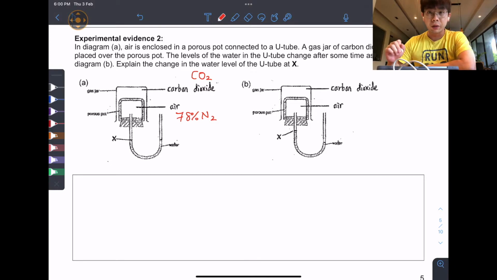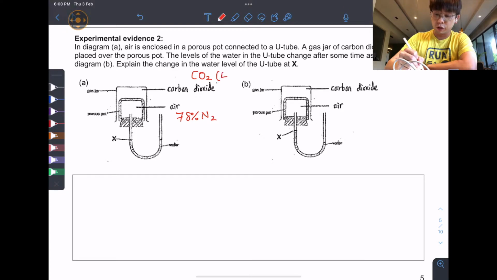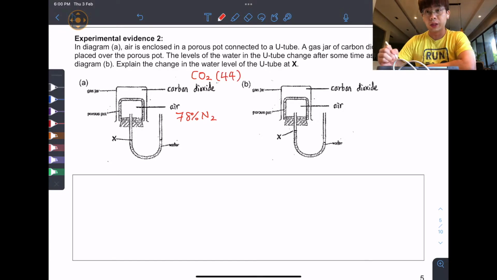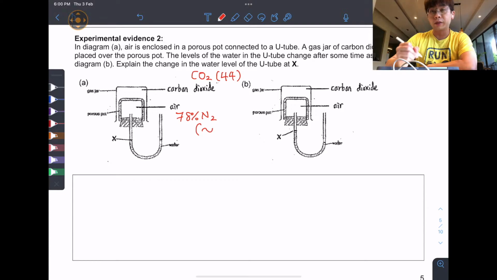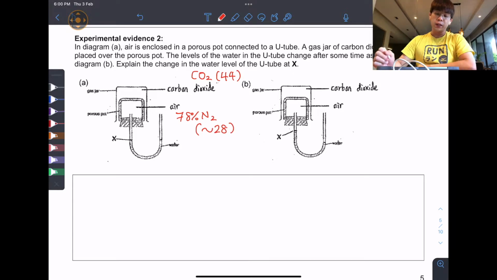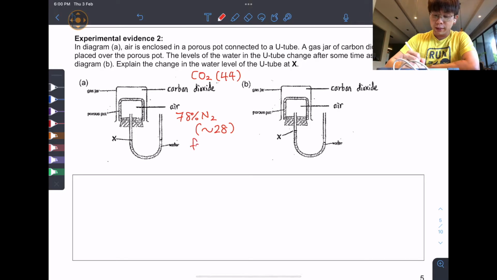We have done this calculation many times before, and I'll just let you know, carbon dioxide has a relative molecular mass of 44, which you must know how to calculate, while nitrogen, which is air, has an approximate relative molecular mass of about 28. So as you can see over here, the air diffuses faster than carbon dioxide.